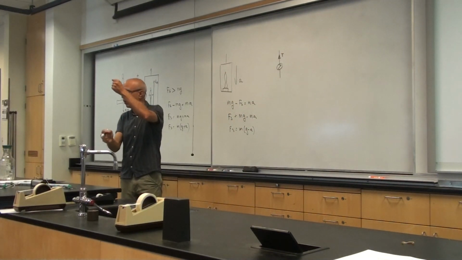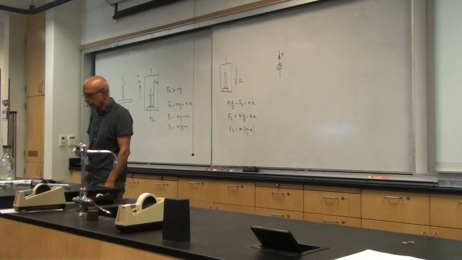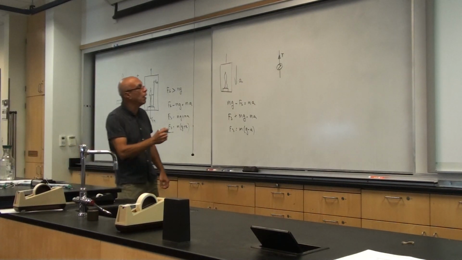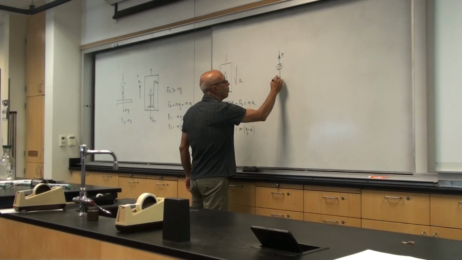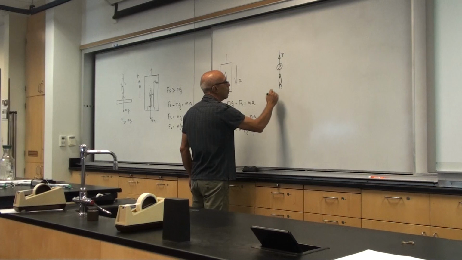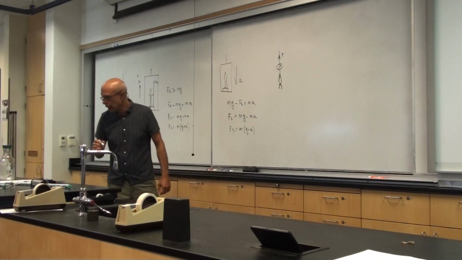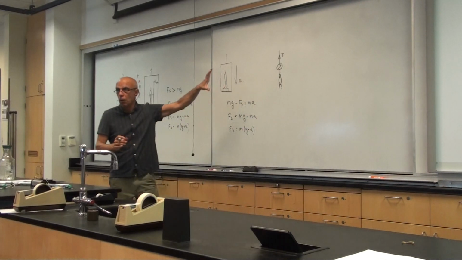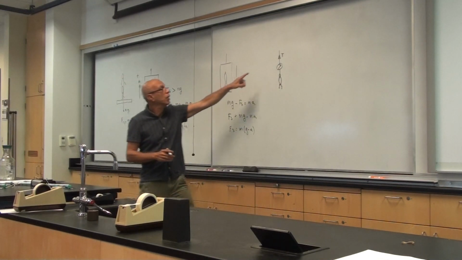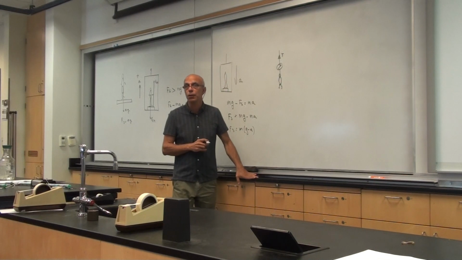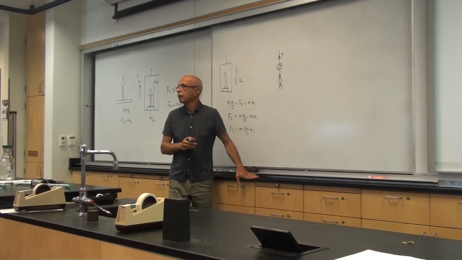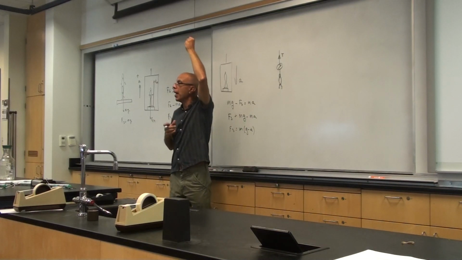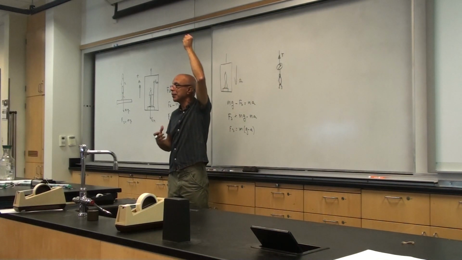So what's going to happen if I'm hanging here, this is me, and I'm not moving at all? What is the value of this tension? Zero? Oh, I'm hanging here by the neck, like this, right?